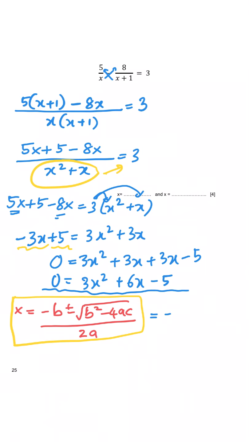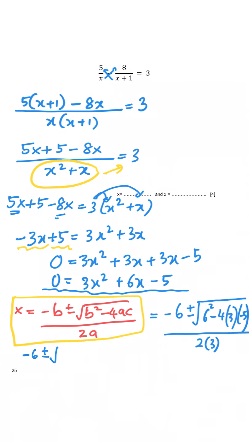Alright, so negative 6 plus minus square root of 6 squared minus 4 times 3 times negative 5, all over 2 multiplied by 3. Okay, so what do we get here? Negative 6 plus minus square root of 6 squared minus 4 times 3 times negative 5. You get 96 over 6.